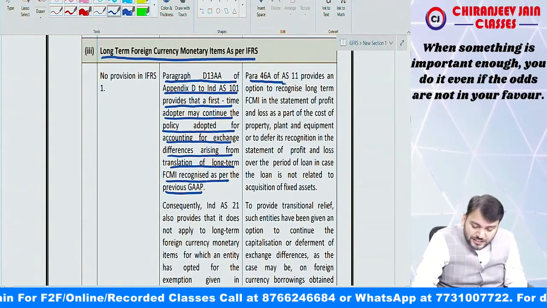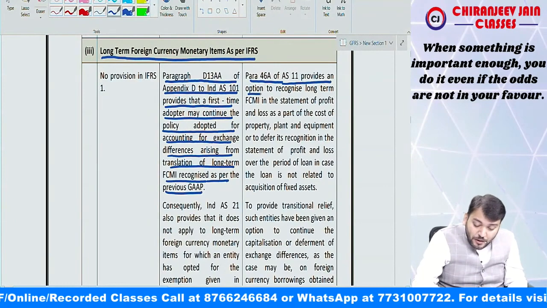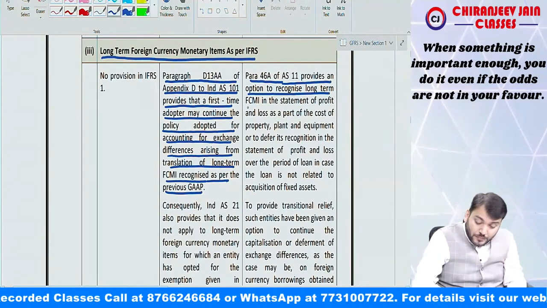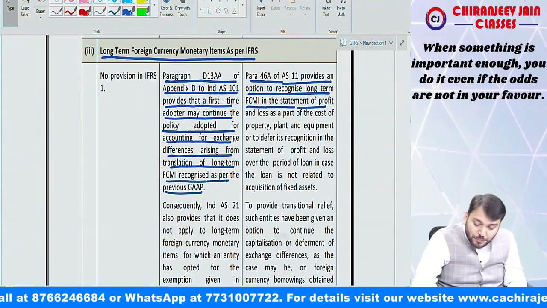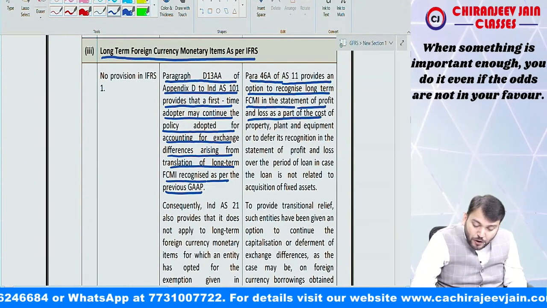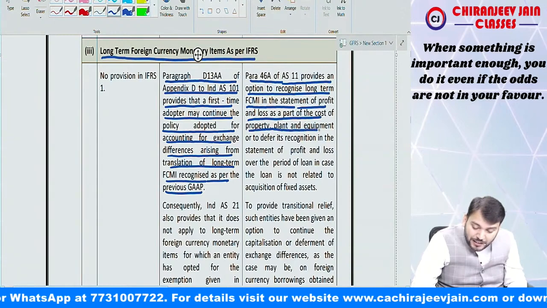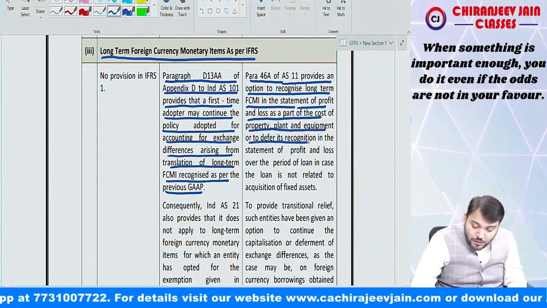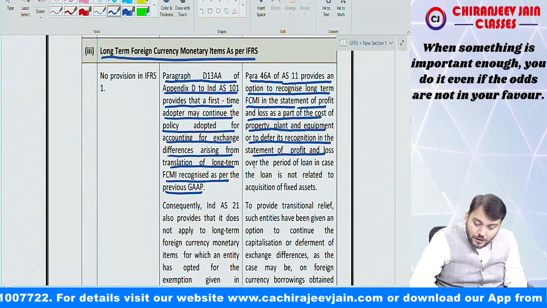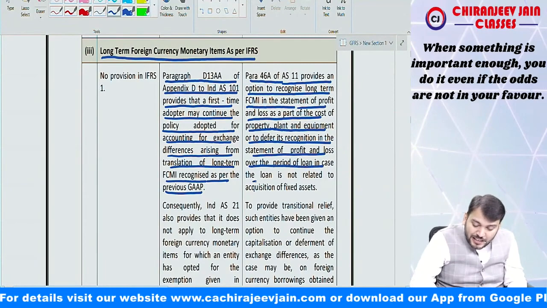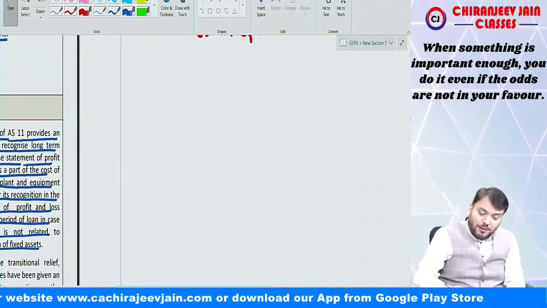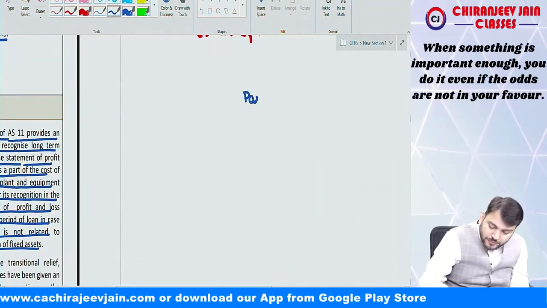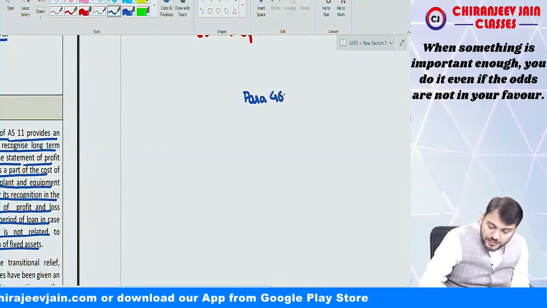Now para 46A of AS 11 provides an option to recognize exchange differences on long-term foreign currency monetary items as part of the cost of property, plant and equipment, or to defer their recognition in the statement of P&L over the period of the loan in case the loan is not related to the acquisition of a fixed asset. Means, what was para 46A?